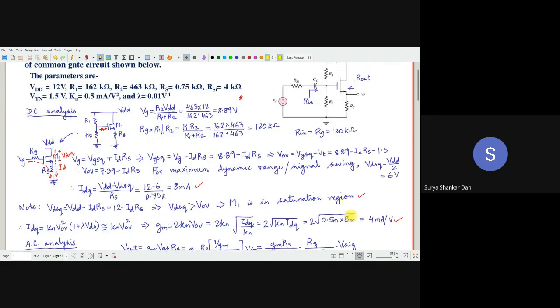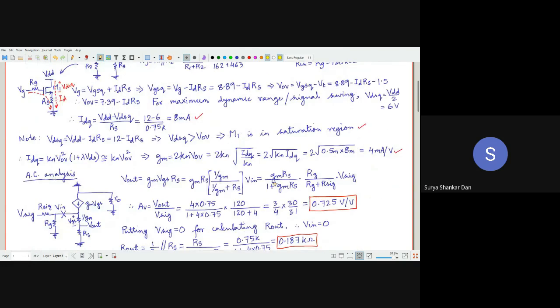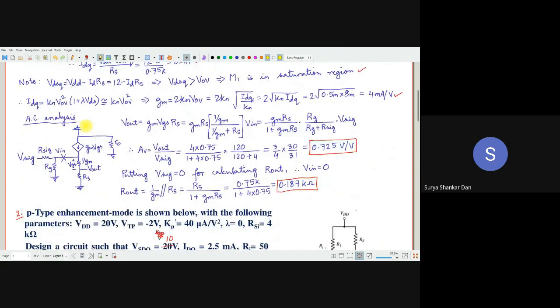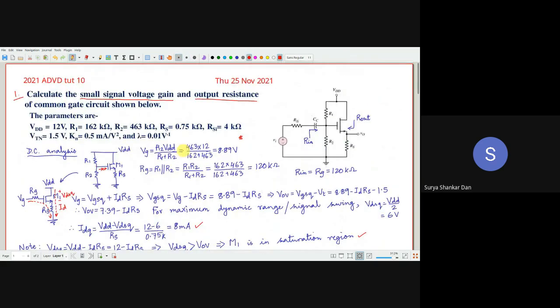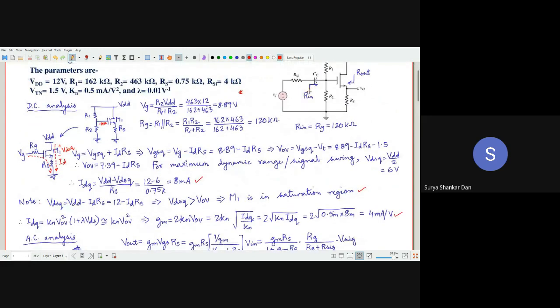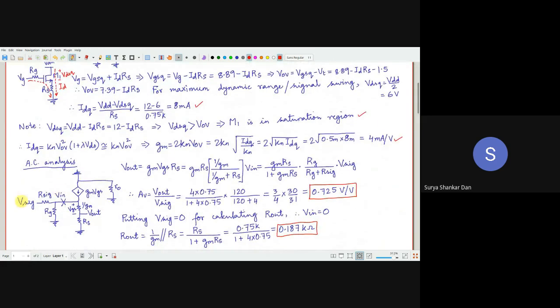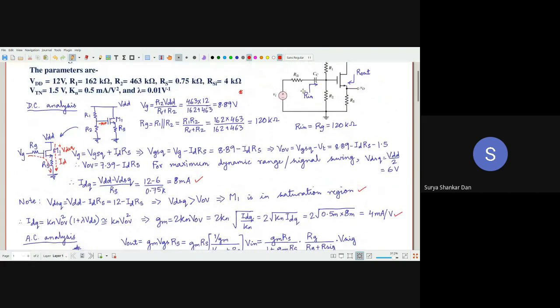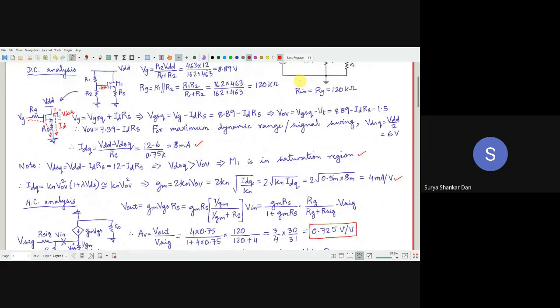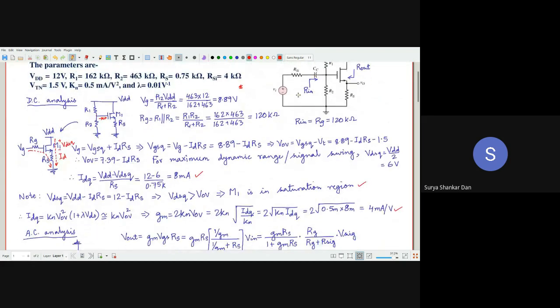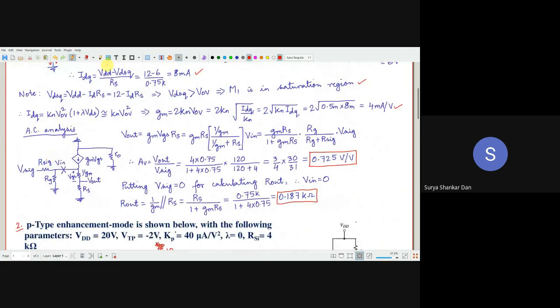After we have obtained the value of gm, that is mutual transconductance, we will start with the AC analysis. For the AC analysis, what is our objective? Notice I will just convert this into the small signal equivalent. So Vsig, this is RSI, so I can actually put RSI here.